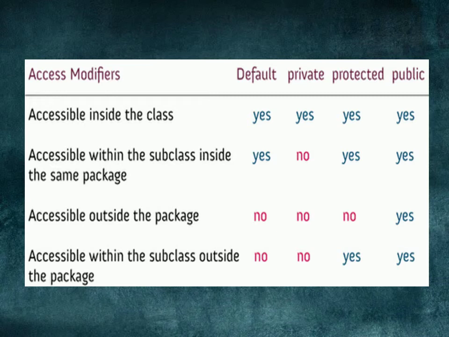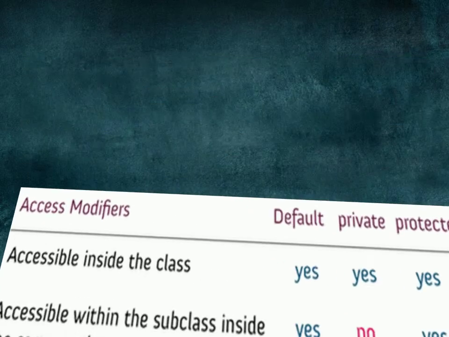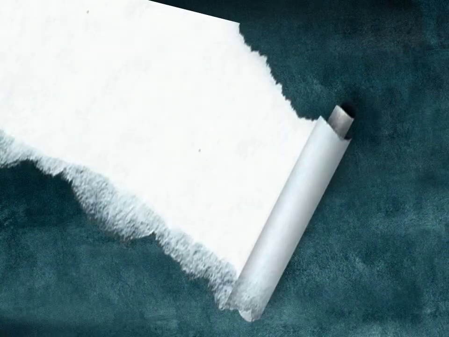If you want to access outside the package, the only option is public. If you have given default, private or protected, we cannot access it. Next, accessible within the subclass outside the package: you can give either public or protected. It does not work if you have given default or private. So it's an easy table, you can go through it.